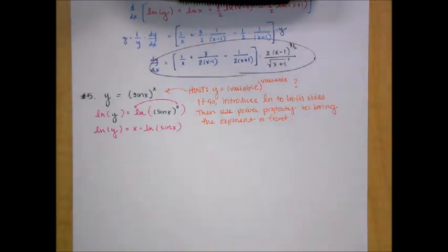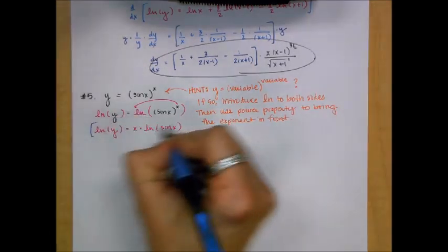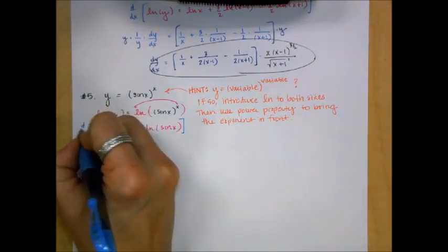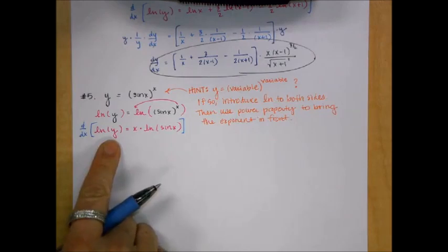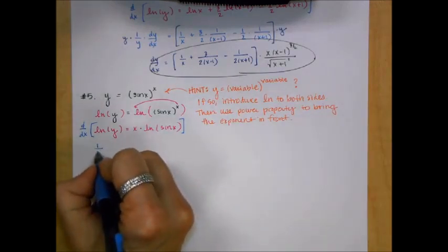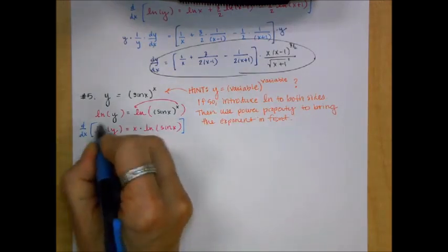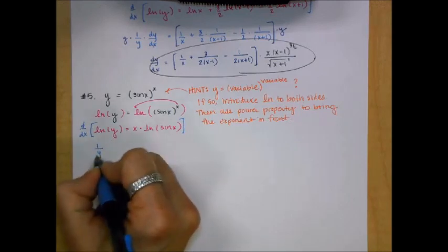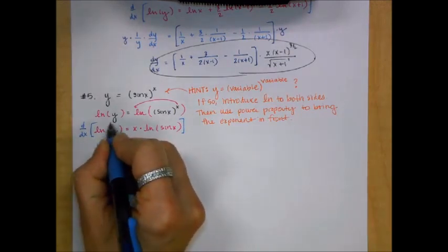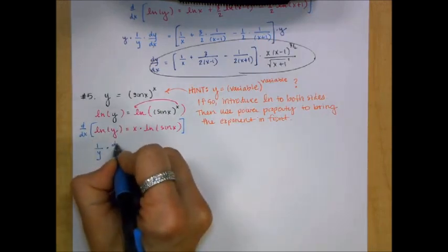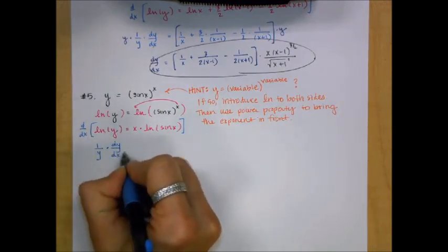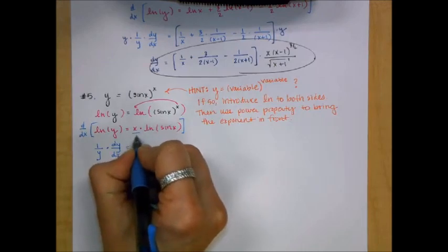On the left, we have the derivative of natural log y, 1 over y, for the derivative of any natural log, 1 over what's inside, times the derivative of what's inside. So that's our dy dx. On the right side, we have our first term and our second term, so we use our product rule. First times the derivative of the second.